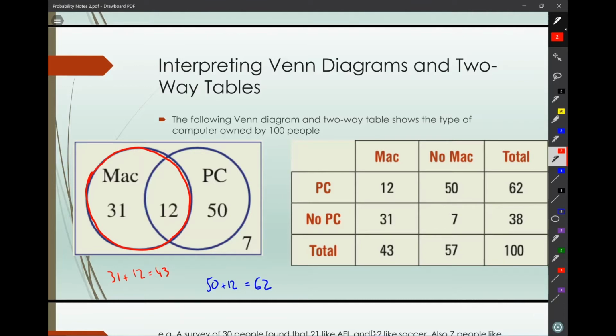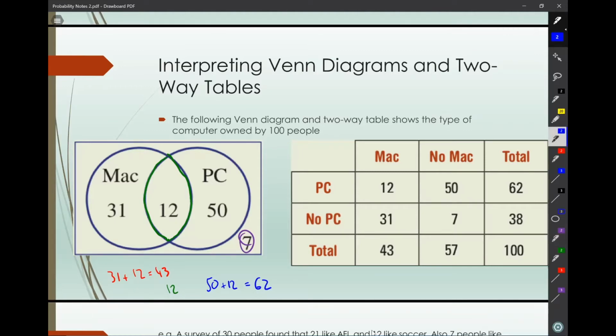Alright. This section in the middle, where the two circles overlap, indicates the people, 12, that own both. And out here, the 7, this is the people that own neither. Alright, that's how we read a Venn diagram.